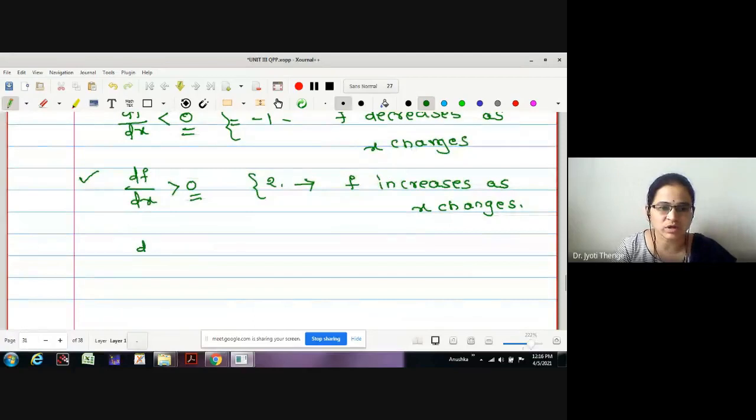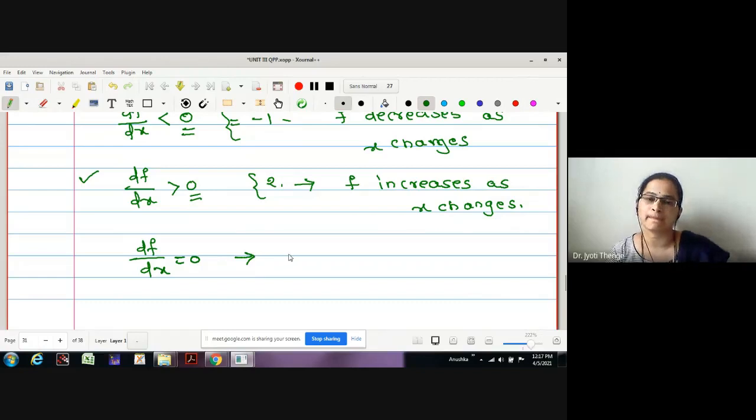And what is the meaning of df by dx equal to 0? May I say there is no change here? Correct? No change as x changes. Let us take an example of a constant function.